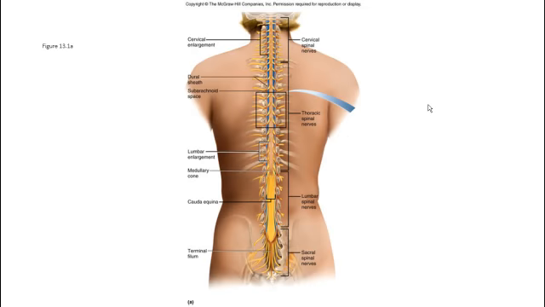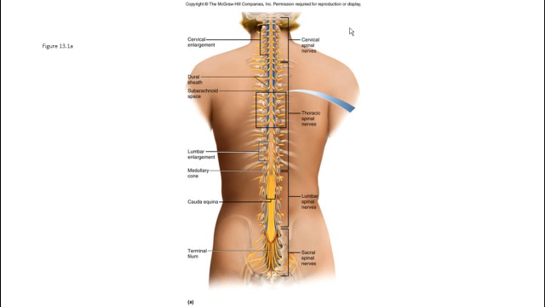Next, we have the spinal nerves, and there are 31 paired nerves. In other words, there's a right and a left, and so we number those based on the segment of the spine in which they're exiting. So we have 8 cervical nerves, even though we only have 7 cervical vertebrae, so we call them C1 through C8.